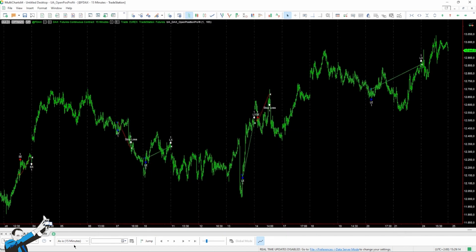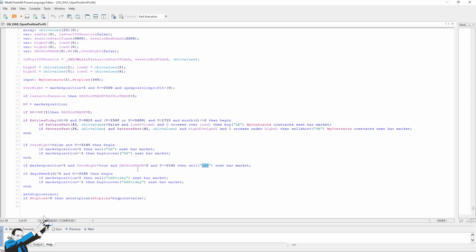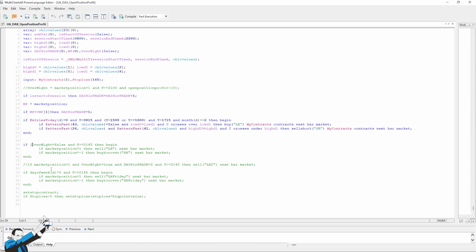Now, just to make a comparison, it would be interesting to see what would have happened if we didn't use the overnight variable in the strategy script. To make such a comparison, it's sufficient to comment out all the entries where this variable is called. This way, the strategy will always open and close the long and short positions within the same session.